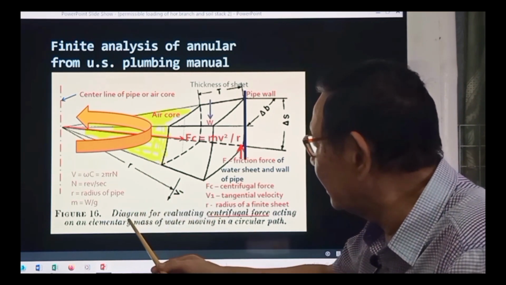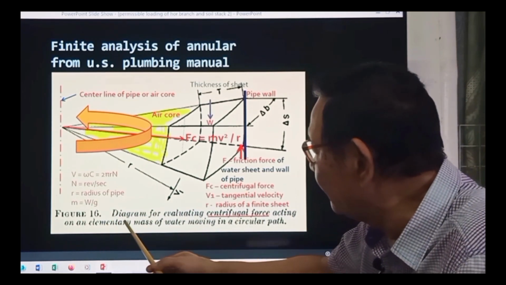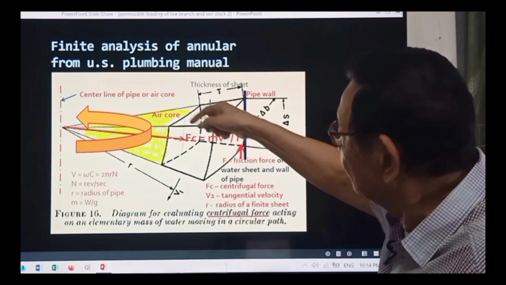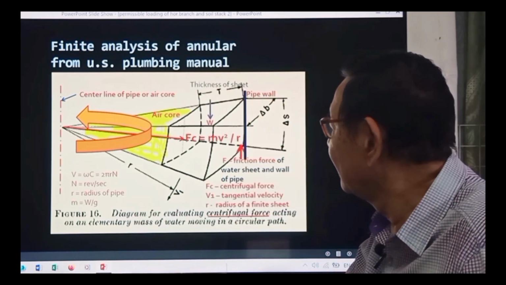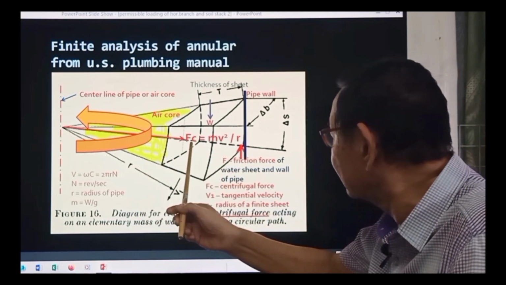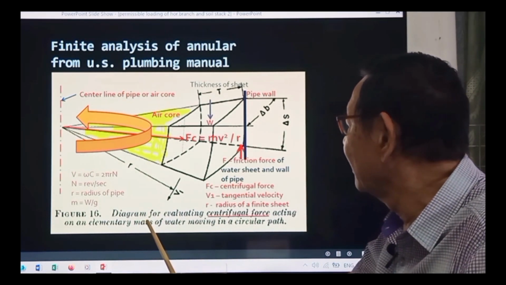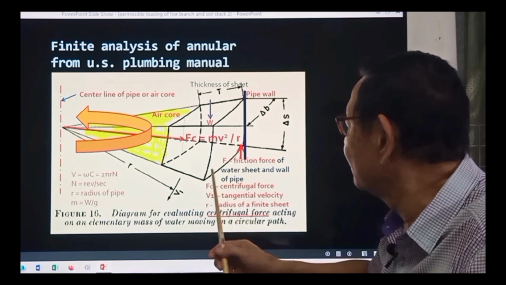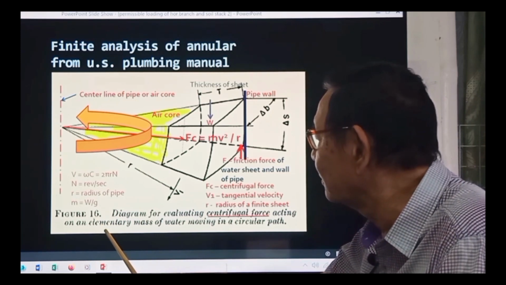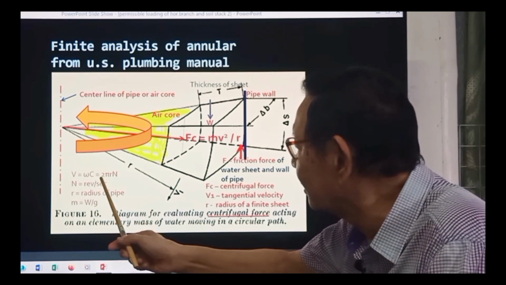Ito, tinatawag nila a diagram for evaluating centrifugal force acting on an elementary mass of water moving in a circular path. Ang pwersa na pumapasok dito, tawag na sa centrifugal force, which is equal to mv squared over r, where r is equal to the radius of pipe, m is equal to the mass, which is W over g, n is revolution per minute, the tangential velocity is equal to 2 pi rn.